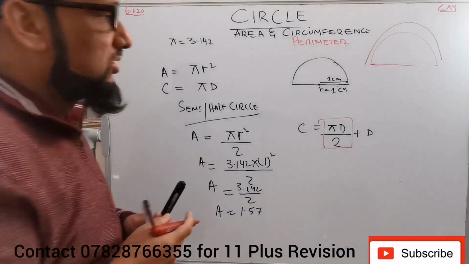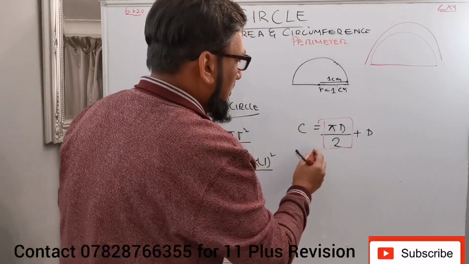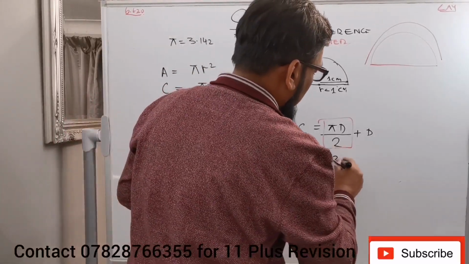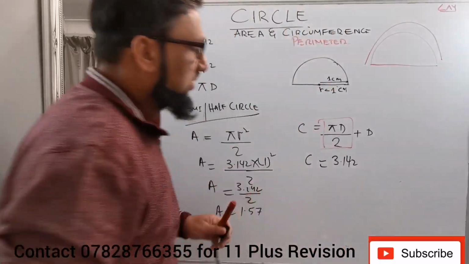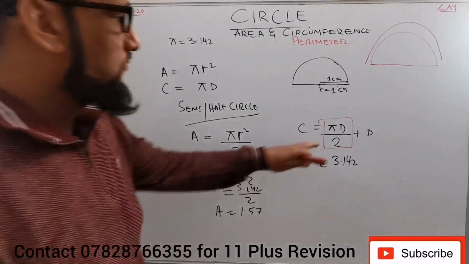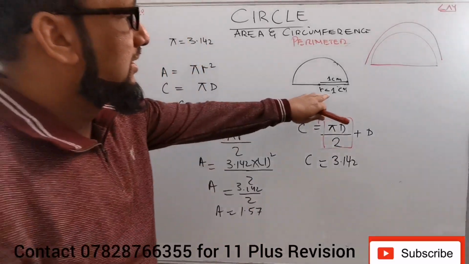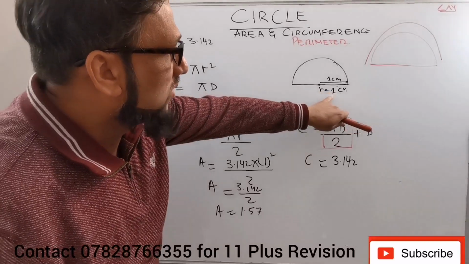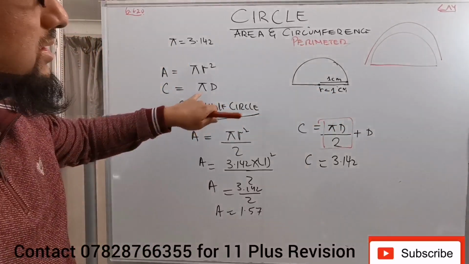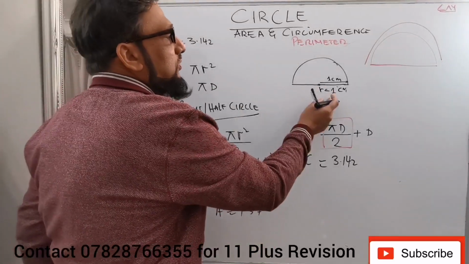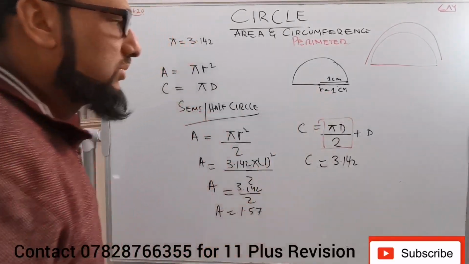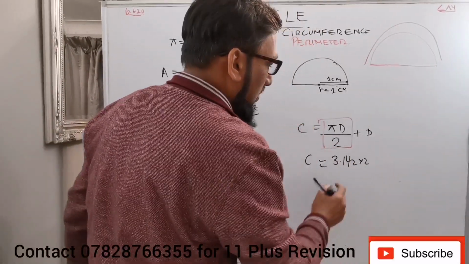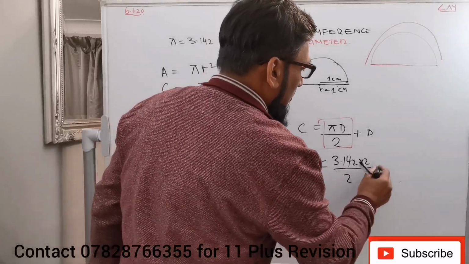So what you do: the circumference is 3.142, which is pi, times d. The radius is 1, but d is the diameter, and the double of the radius is called the diameter, so you times by 2 and divide by 2.